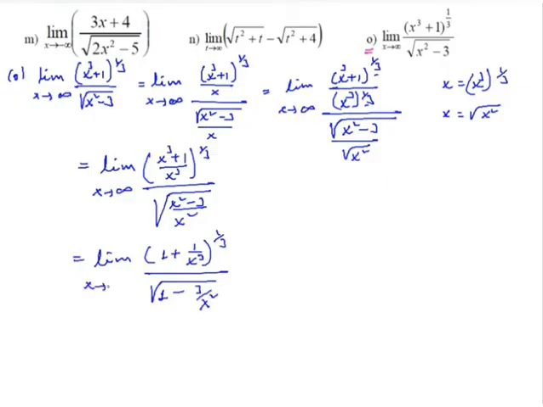Now everything is visible. As x gets bigger, 1 over x cubed becomes 0 and 3 over x squared becomes 0, so the only thing remaining is 1 to the power of 1 over 3 over square root of 1. For real numbers, both are 1, so the result is 1. The limit of this part is 1.